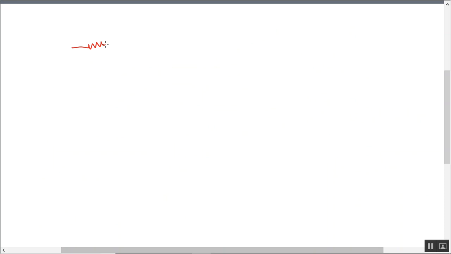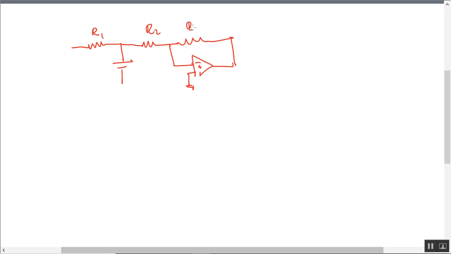For example, here's a bonus. Let's say I had this circuit. And you want to know how long it's going to charge or discharge, right?